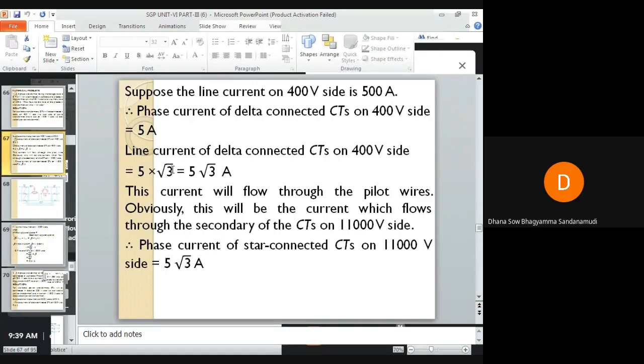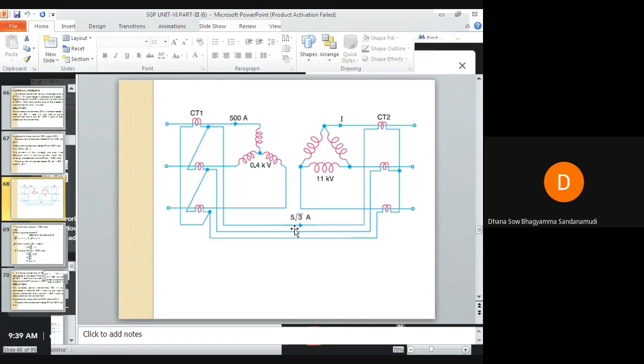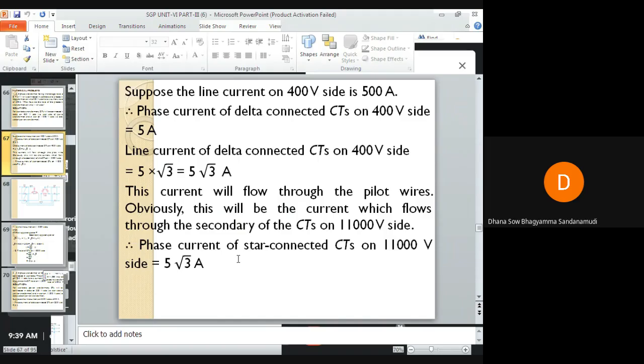So the line current of the delta connected CT on the 400 volt side you can calculate. We just multiply this phase current 5 into root 3. You will get 5 root 3 amperes. If you want, you can solve it. So this 5 root 3 will flow through the pilot wires on the secondary side. You can see here in this image, 5 root 3 is flowing.